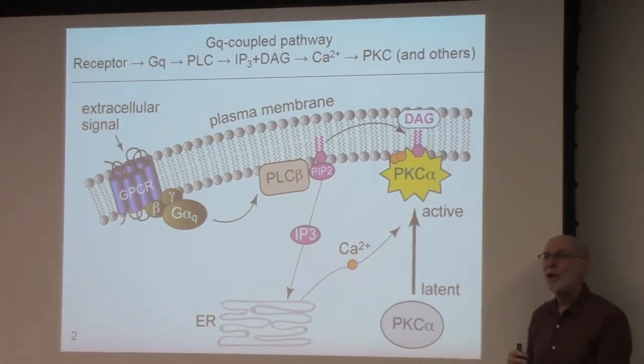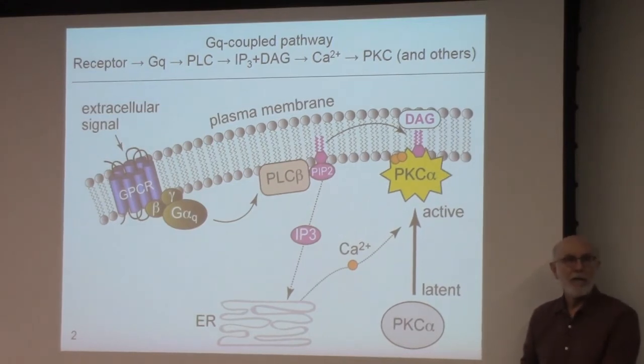Let's talk about what could turn this pathway off. We talked a little bit about what turned off a pathway in the cyclic AMP story. Phosphodiesterase is one of the ways that the cyclic AMP pathway can be turned off, because it cuts cyclic AMP into AMP, which is not active.